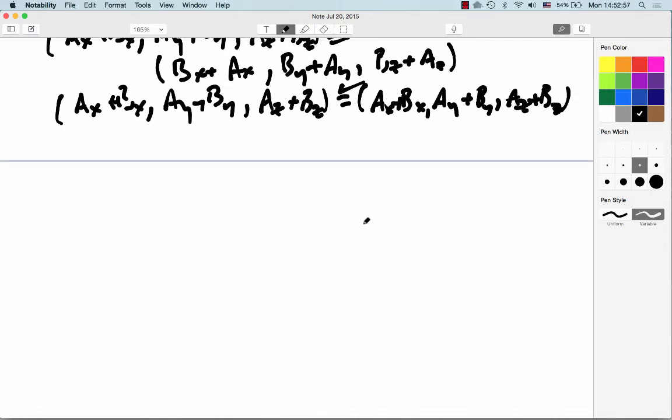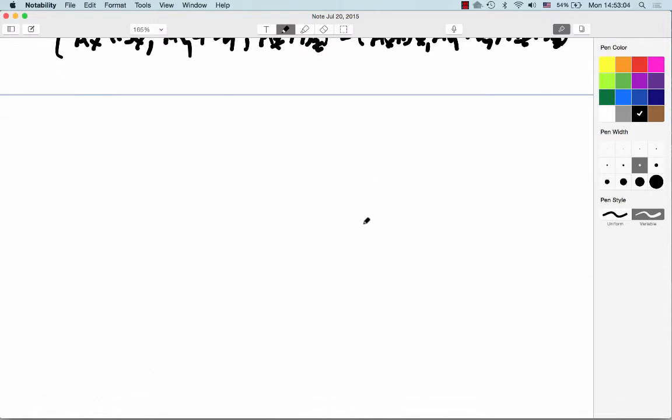Okay, other things that I'm not going to prove, but you can certainly do them for yourself. The idea is similar. We get that addition does associate.